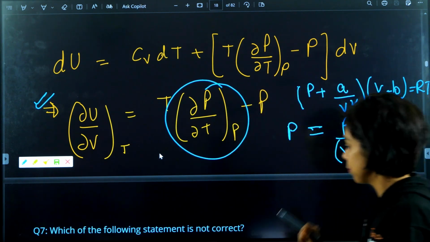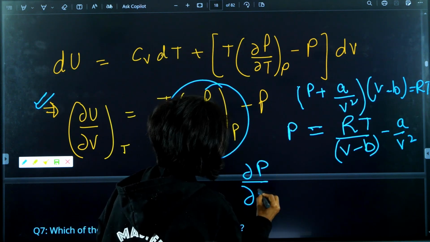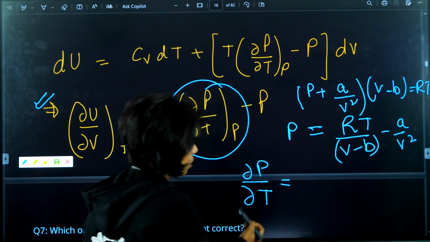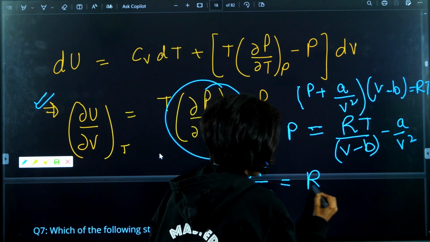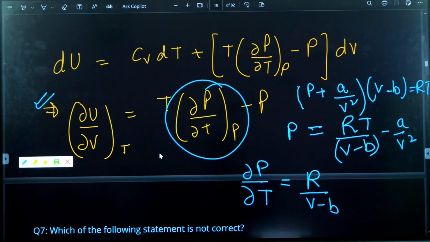So guys, let me do it here only. dP by dT at constant volume will become R over V minus b, right?